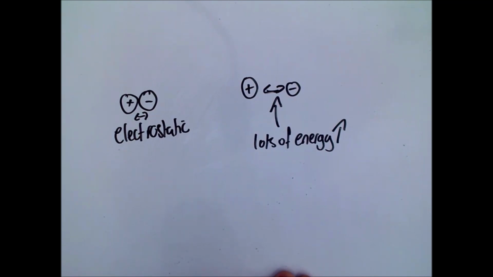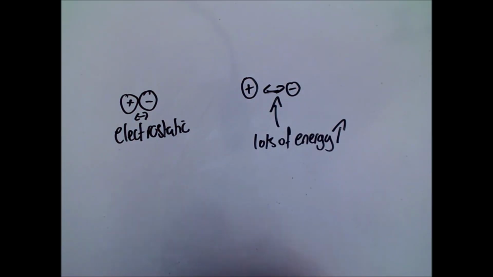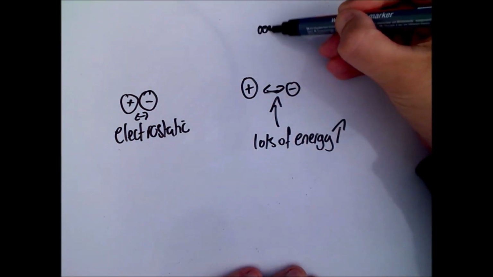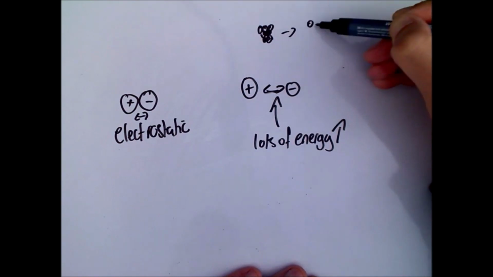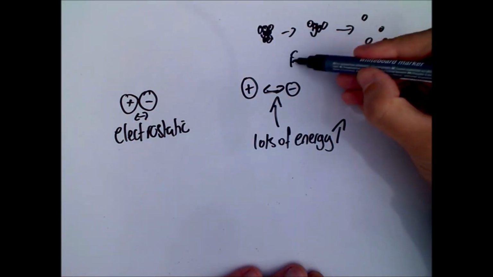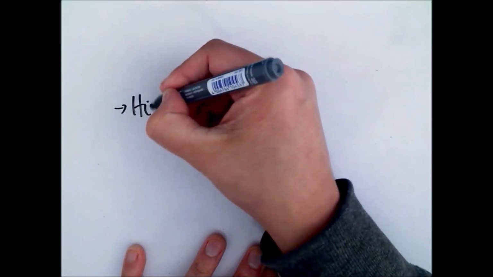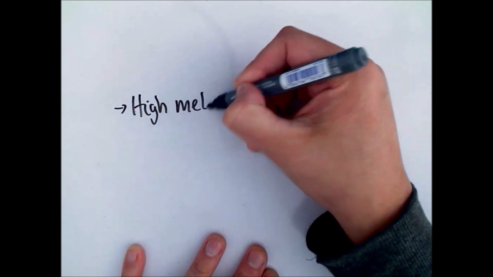Okay, and if we're breaking apart ions, atoms, separately, then we're going to change their state. If we pull them all apart, we can make them liquid, and if they're moving around freely, we'd know they'd be a gas. So because we need lots of energy to pull them apart and change that state from solid to a liquid and finally a gas where they're apart, each time more energy needed, we would therefore say that they have high melting and boiling points.